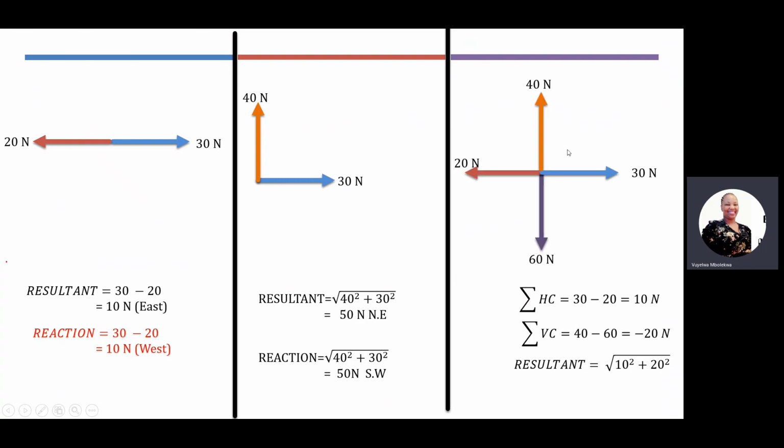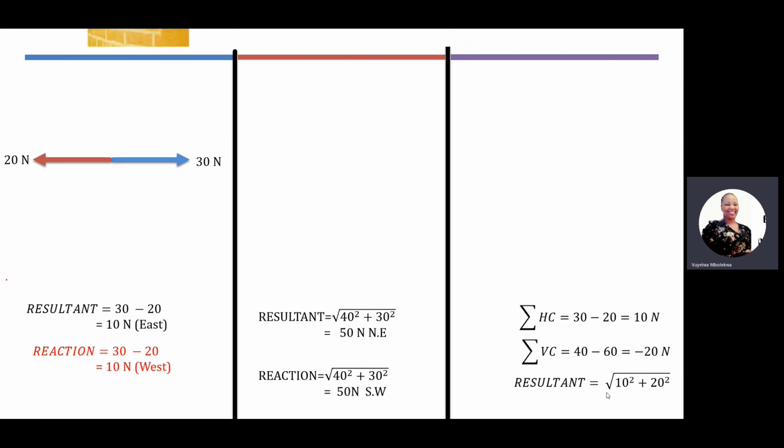In a case like this, you will find the one force that represents your vertical forces, the one force that represents your horizontal forces. And once you get that, it's going to give you the magnitude of your resultant, and then your reaction force will be the same magnitude, just in the opposite direction.